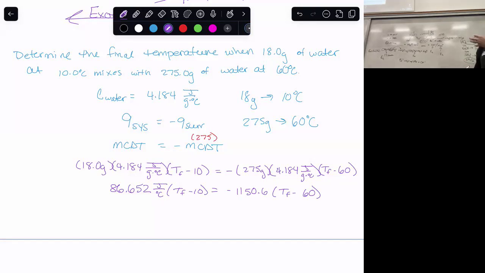And then I would distribute both of those into your temperature change.